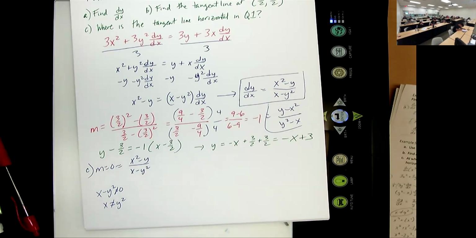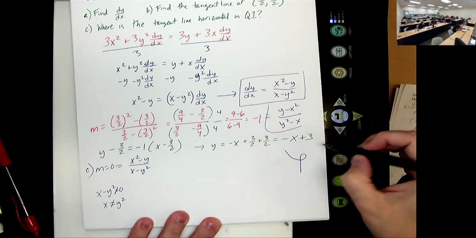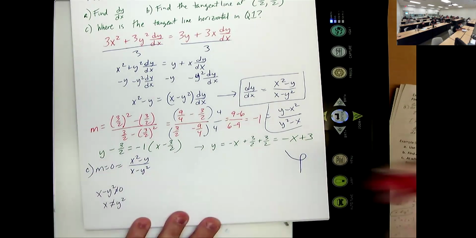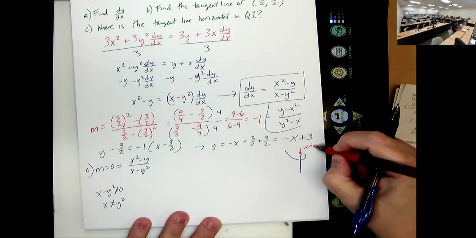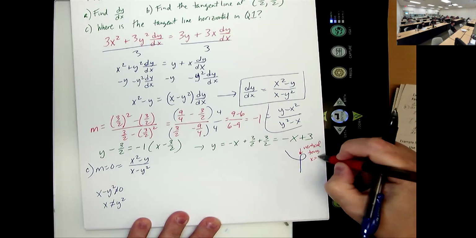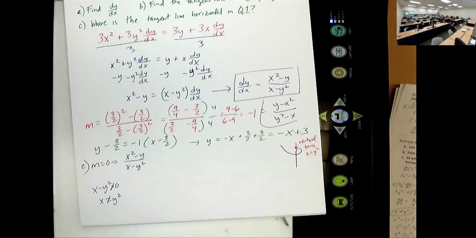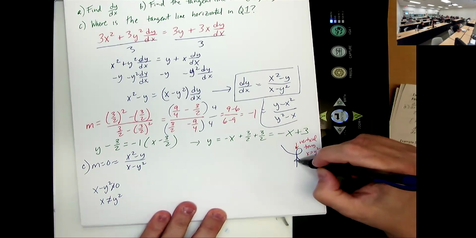Remember the way the graph looked, that's recognizing the vertical tangent line would have x equal to y squared.